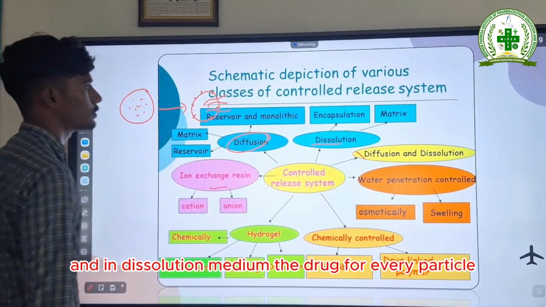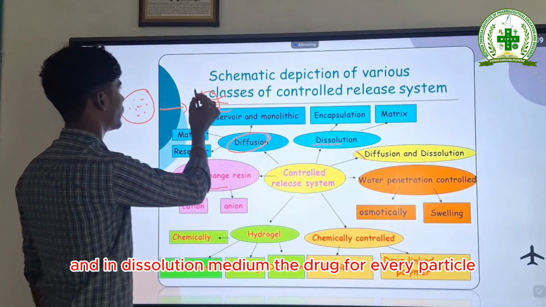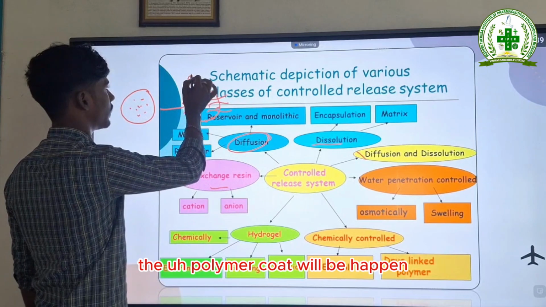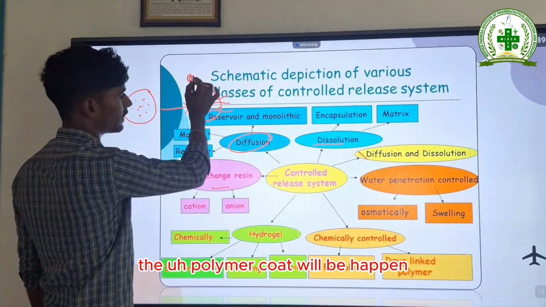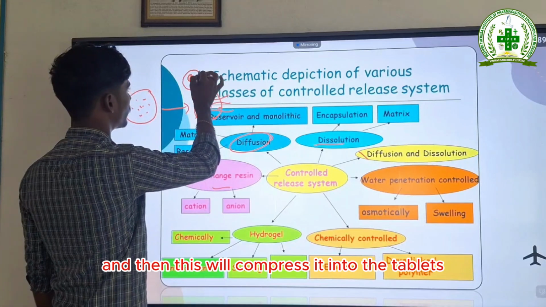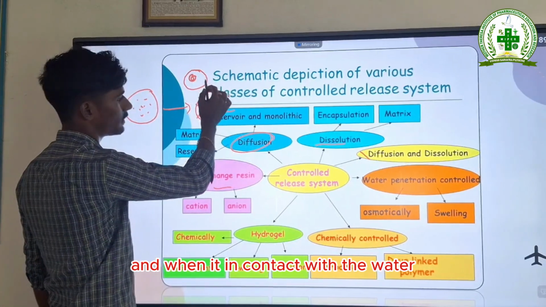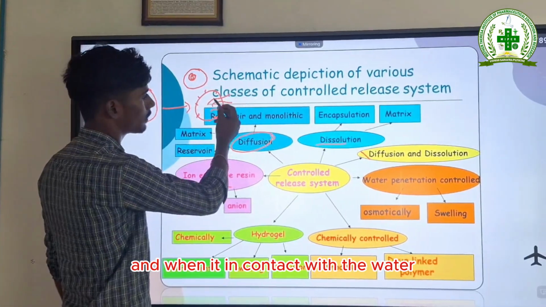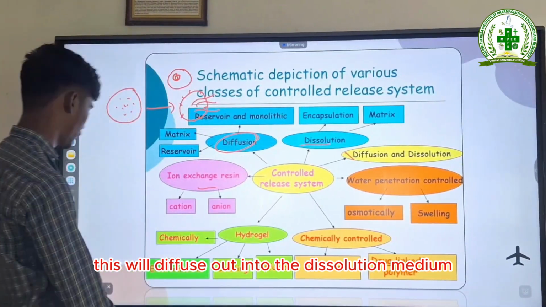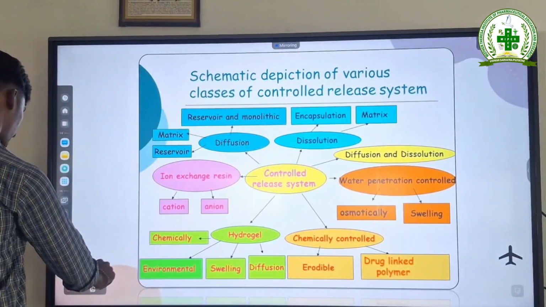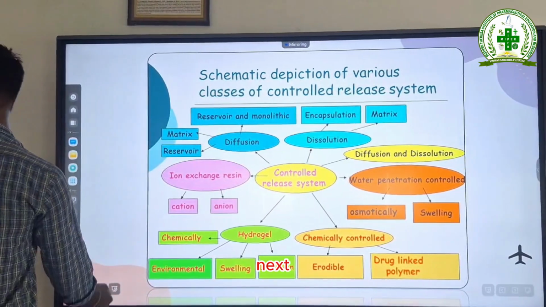And in dissolution system, for every drug particle, a polymer coat is applied, and then these will be compressed into tablets, and when in contact with water, the drug will diffuse out into the dissolution medium.